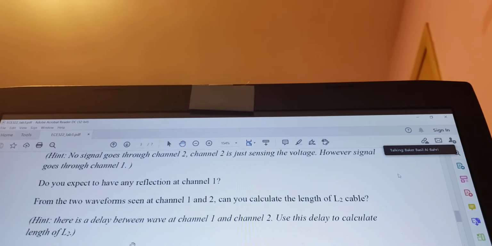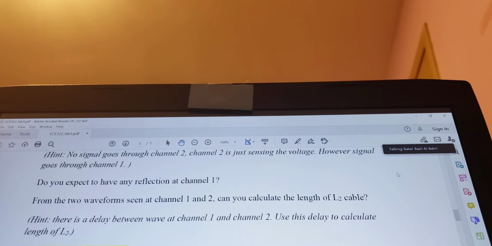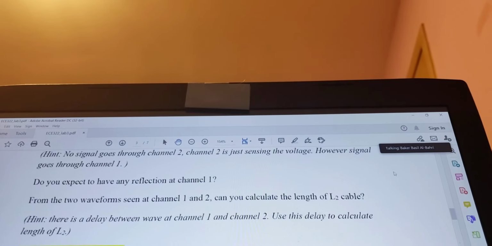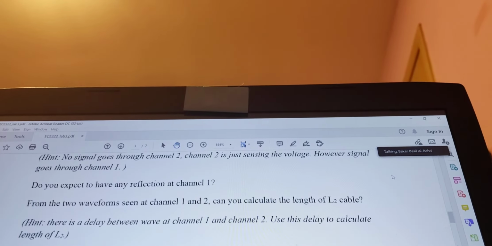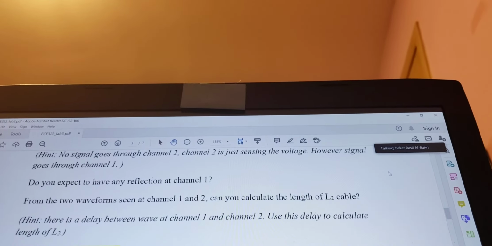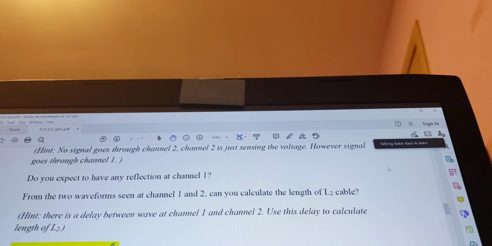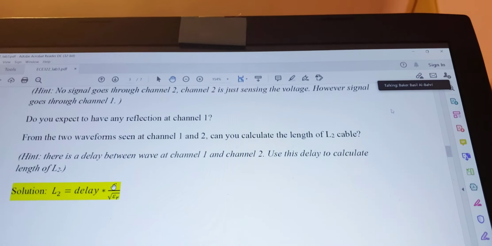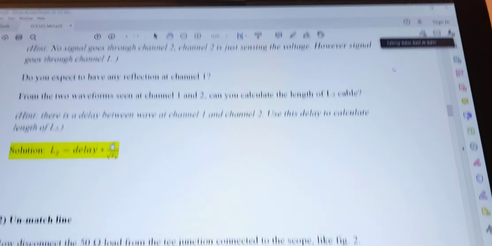So this term, C divided by the square root of epsilon r, is the speed of the signal in the transmission line.